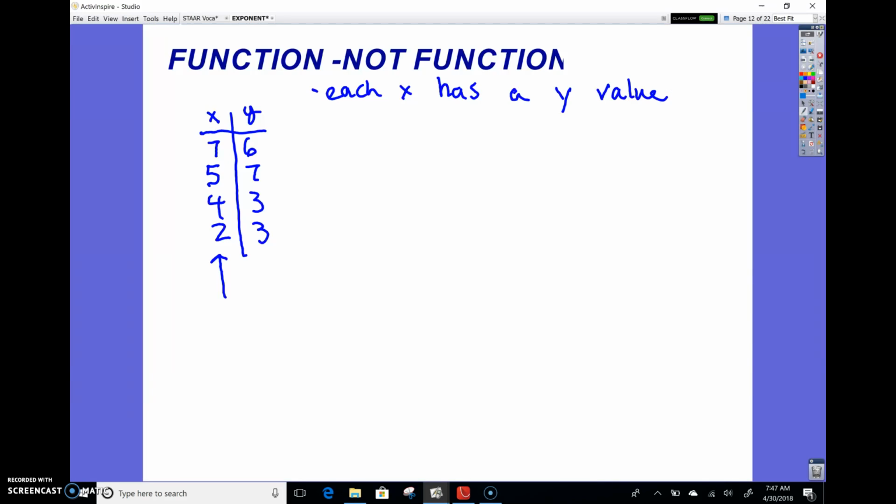Each x has a y value. You can't have 2 different y values. Most of the time we look at it and see that x cannot repeat. So this is a function.